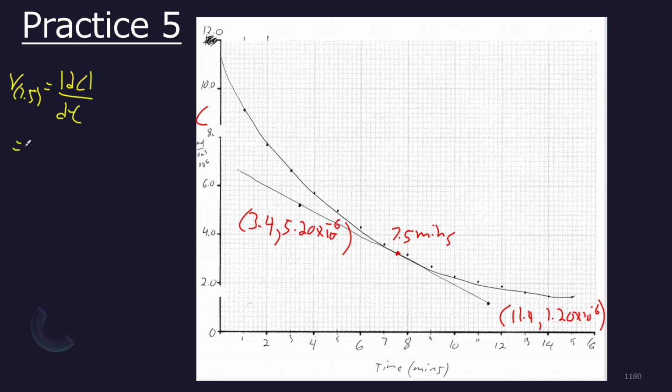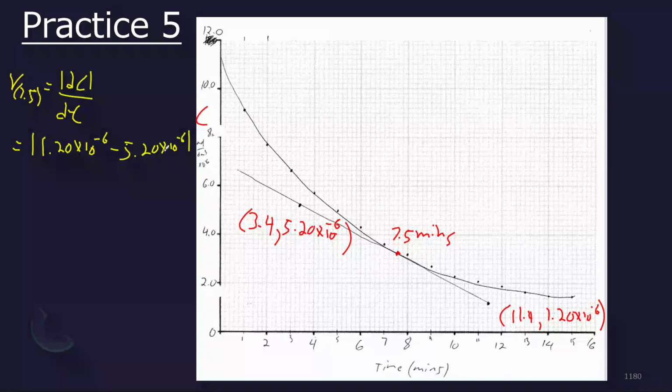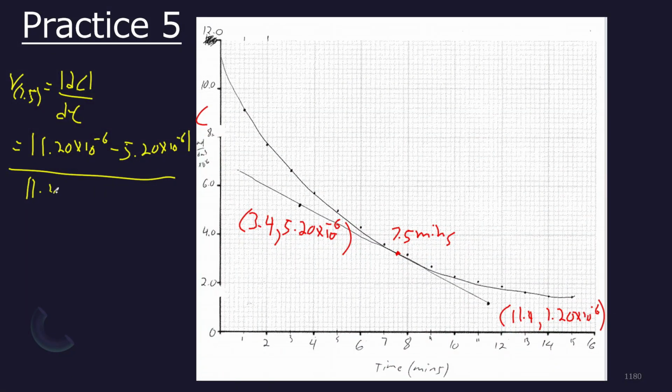And this will be y2 minus y1, which is 1.2 minus 5.2, both times 10 to the minus 6, over this time, that is 11.4 minutes minus 3.4 minutes.